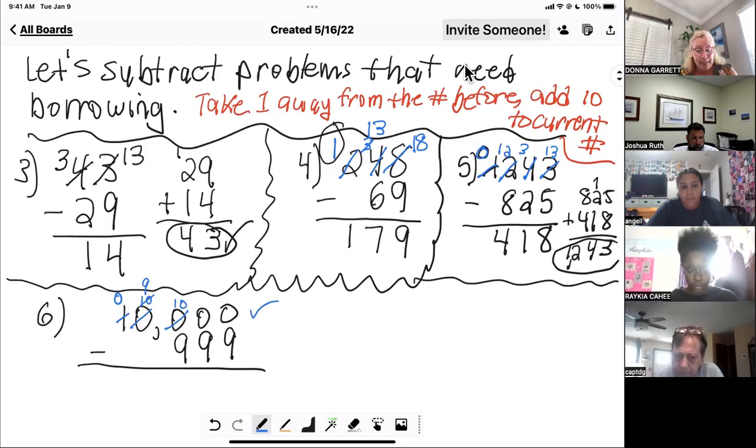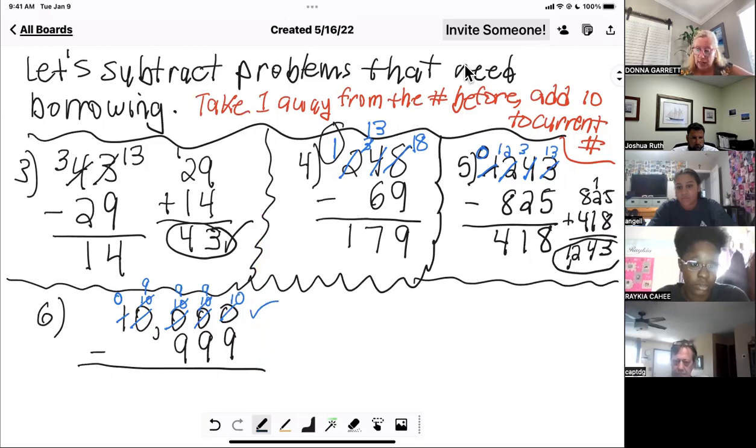But I've got to keep going until I get to the end. So again, I'm going to take 1 away from 10 and make it a 9, and make this one a 10 because I added 10. And I have one more to do. I take 1 away from 10, make it a 9, and I make this one a 10. And now I can finally subtract.